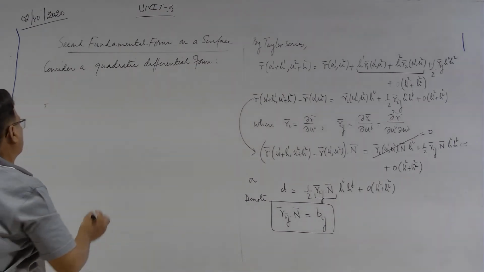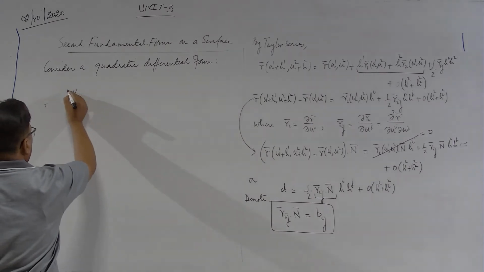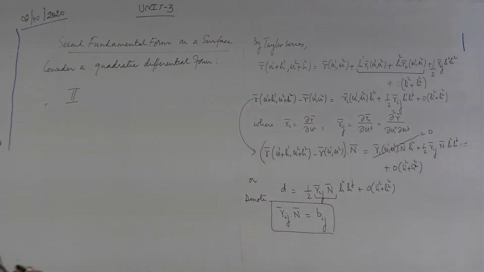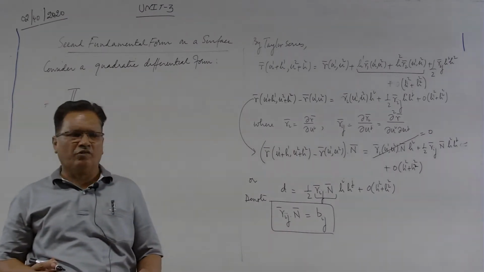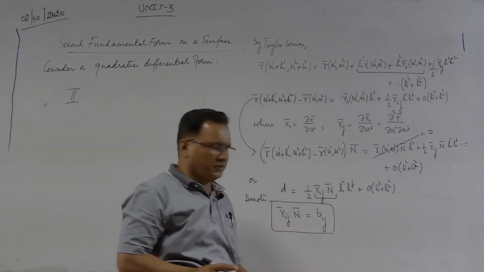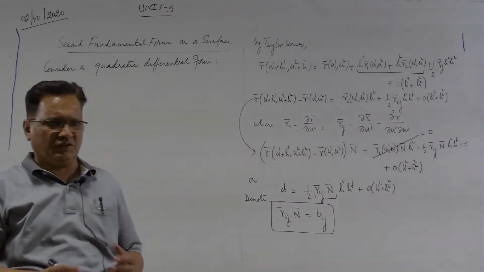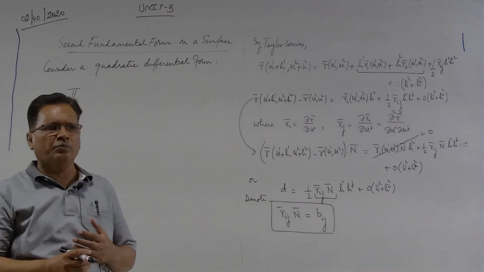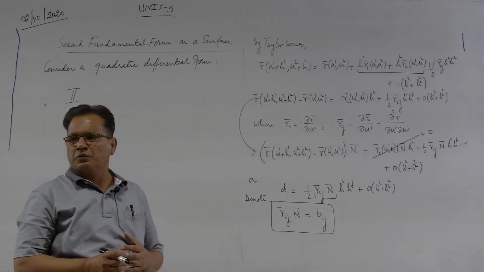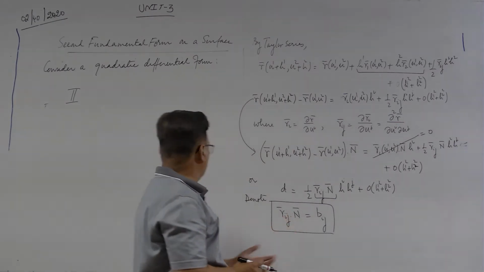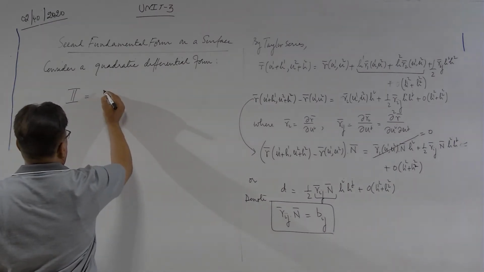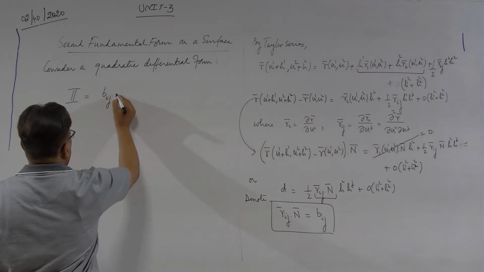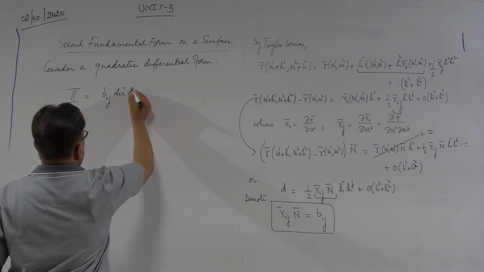I will denote this differential form by the symbol second. You see i and j vary from 1 to 2. So, how many symbols will you be having? 4 symbols: B11, B12, B21 and B22. Okay. So, this I will write down as B_ij into du_i du_j.